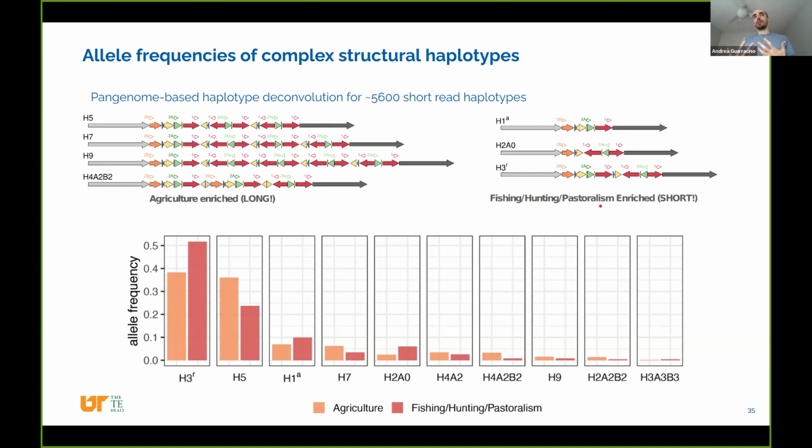It was already known that agriculture was triggering selection for a higher number of AMY genes, or longer haplotypes, to digest starches. But now we are able to see which structural configurations are enriched, not just how many genes we have, but the configuration that they have in this locus.